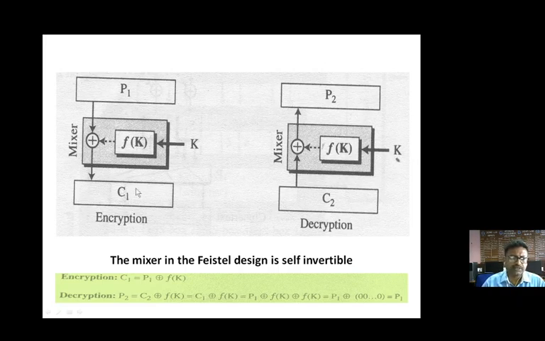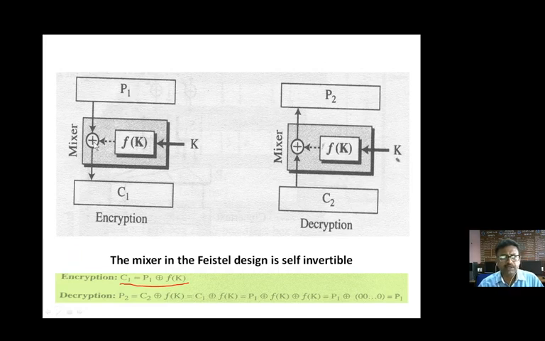Now, with C1 as the ciphertext, how are we able to get P1 back from C1? So this is the formula which has been produced: C1 is equal to P1 XOR Fk, by the simple illustration.